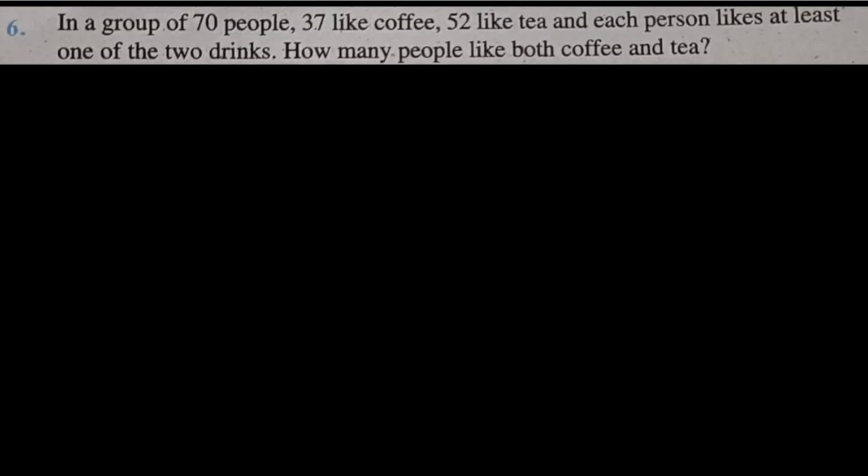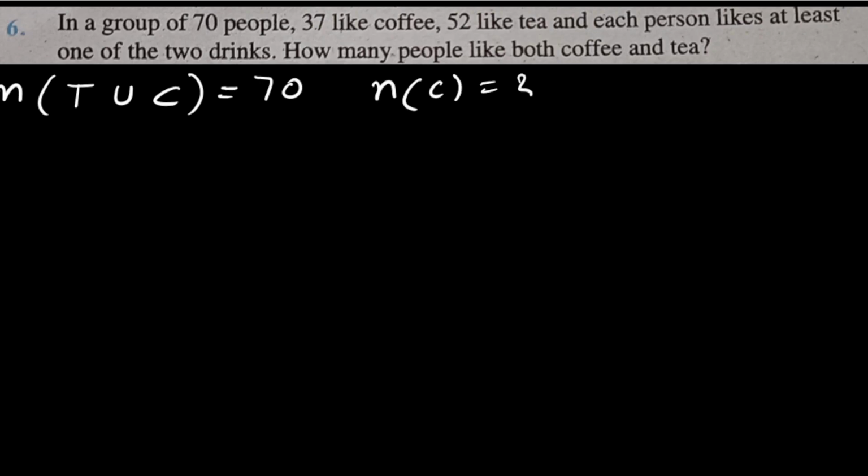Now let's do the next question, the sixth one. See, in a group of 70 people, that means the union is 70. It is related to tea and coffee: T union C, T for tea, C for coffee, is equal to 70, because it's a group of 70 people. 37 like coffee, so n(C) is 37, and 52 like tea, so n(T) is 52.